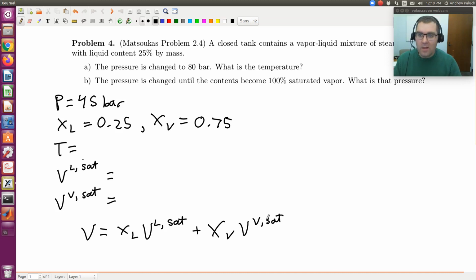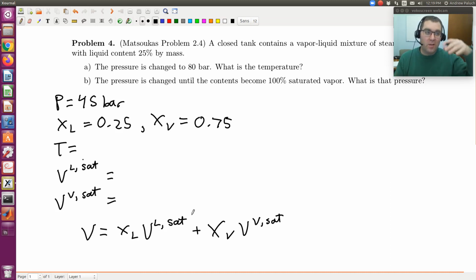All right, and the idea I'm trying to get at is, I have a closed container. So if I calculate the specific volume of my system to start with, we're not told anything about a moving boundary. If we had a piston cylinder apparatus, then the volume could change, but the pressure would remain constant at whatever we have our piston fixed at.